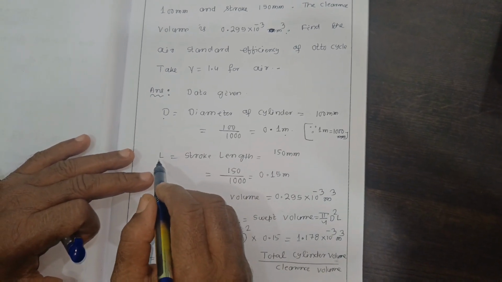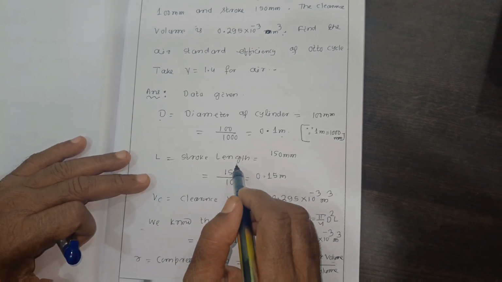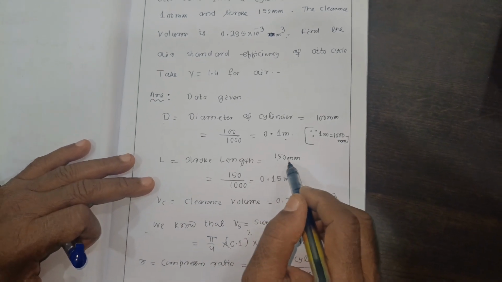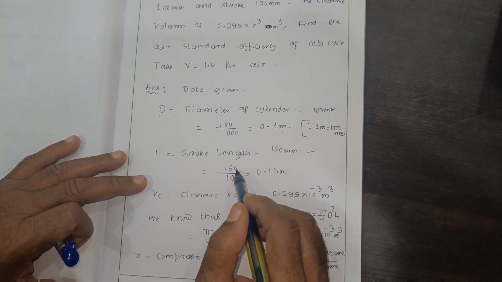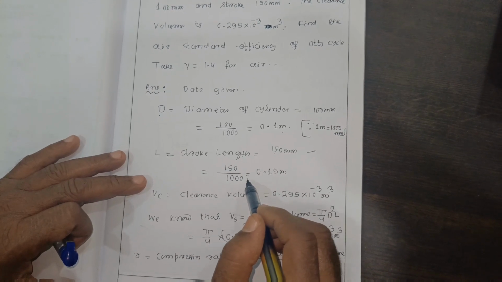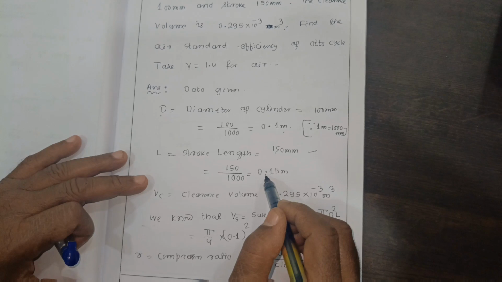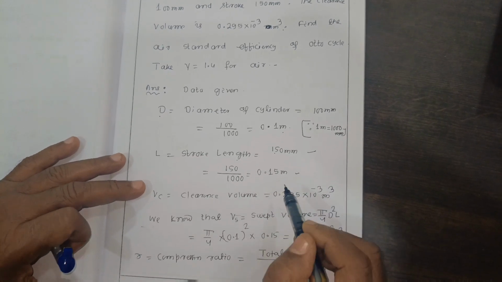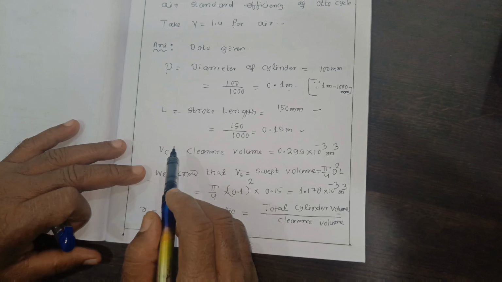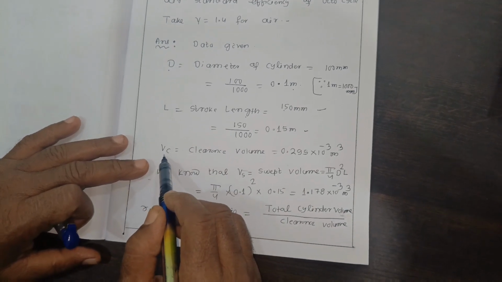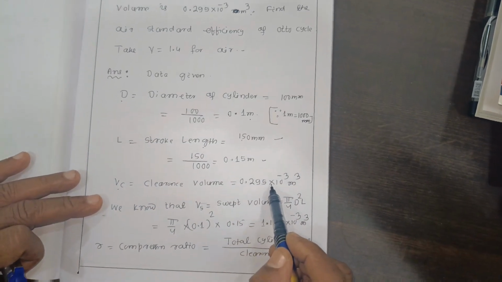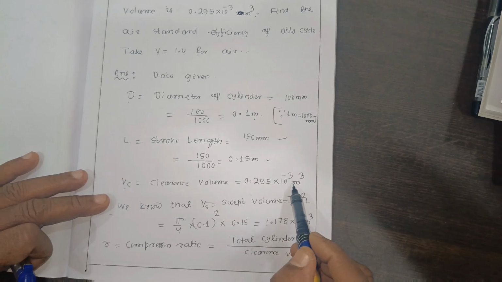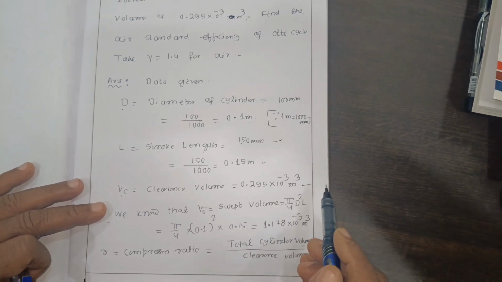Then L is equal to stroke length is equal to 150 mm is equal to 150 divided by 1000 is equal to 0.15 meter. Then clearance volume Vc is equal to 0.295 into 10 to the power minus 3 meter cube given.